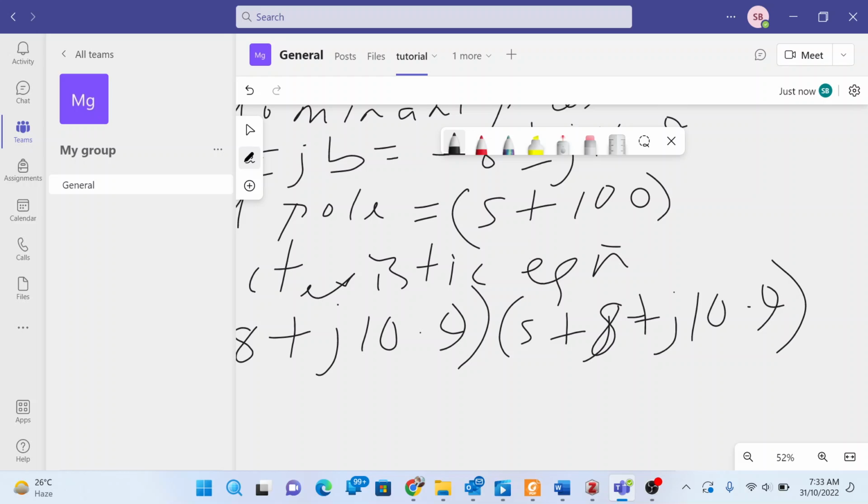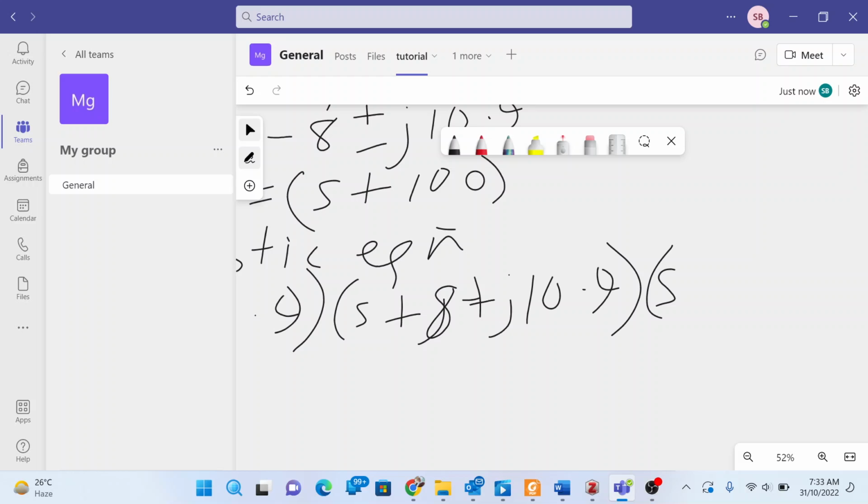So that's going to be the first 2 poles, the dominant poles. Then the third one will now be S plus 100. We equate it to 0. So this is our characteristic equation.